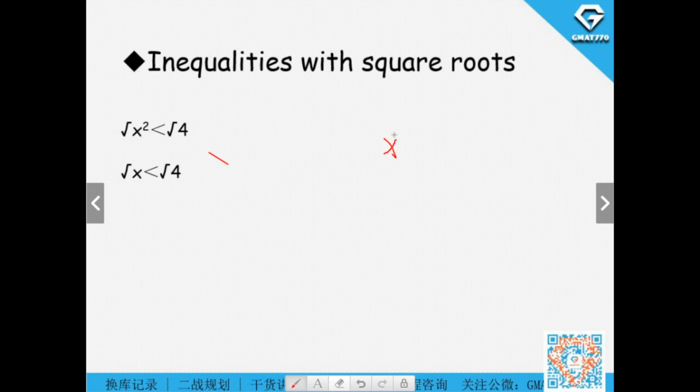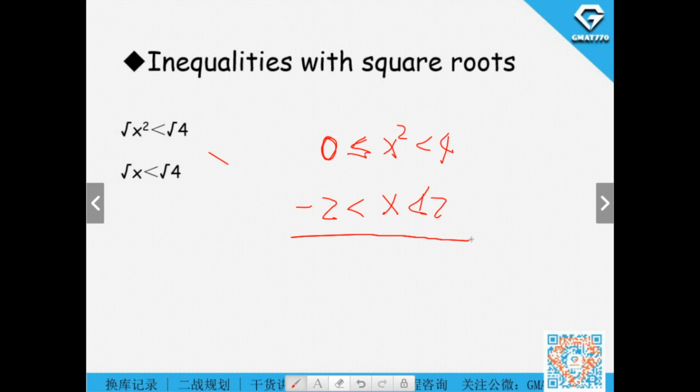So x squared is less than 4 and also no less than 0. So the range of values of x is actually x is less than 2 and greater than negative 2. So this is the range of values of x for the first inequality.